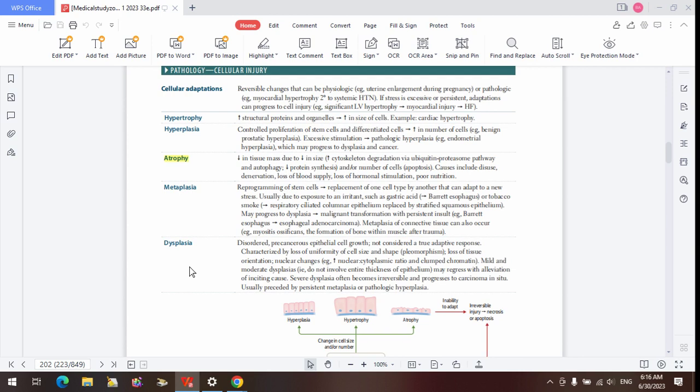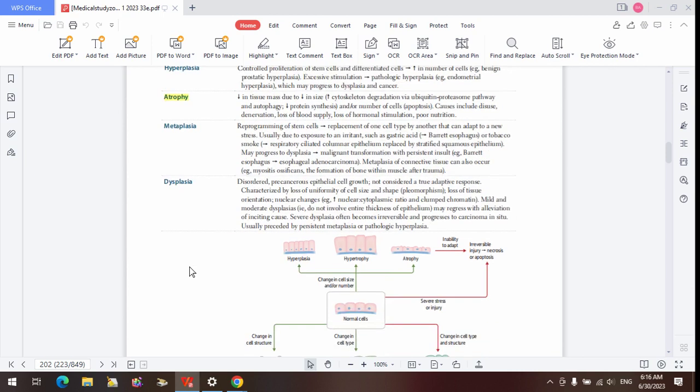The loss of uniformity of the cell shape and size is what we call pleomorphism. This will culminate in loss of the tissue orientation. Then we look at the nucleus. We are going to notice that the nuclear cytoplasmic ratio is increased and there's chromatin clumping. This can progress to cancer of any type.